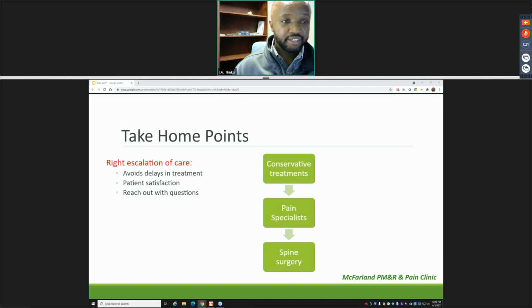And then the last take-home point here is escalation of care. I think the biggest thing with this one is it avoids delays in treatment, and if you avoid delay in treatment, then it can increase patient satisfaction.